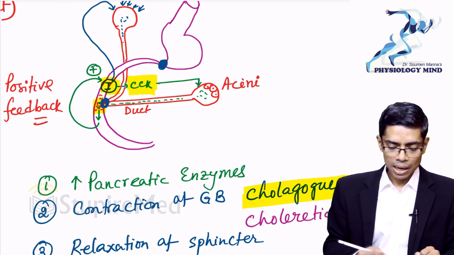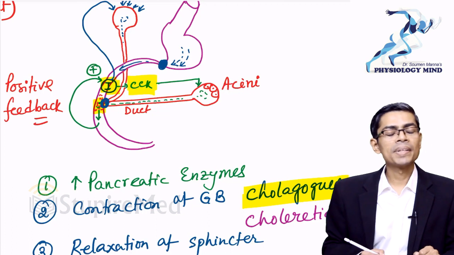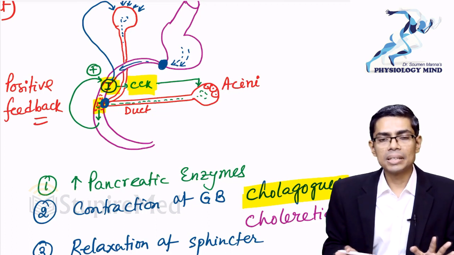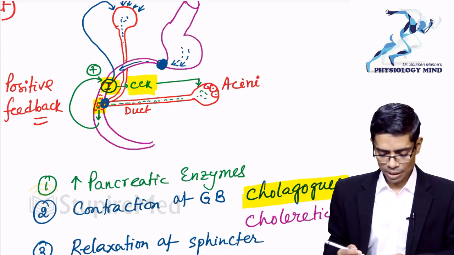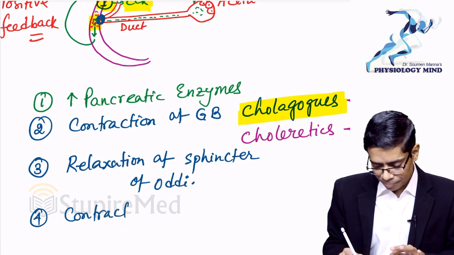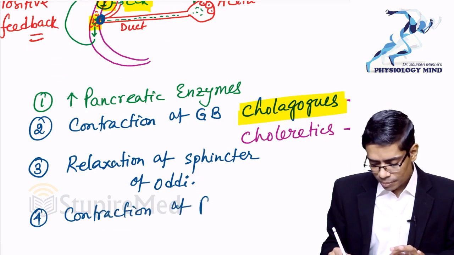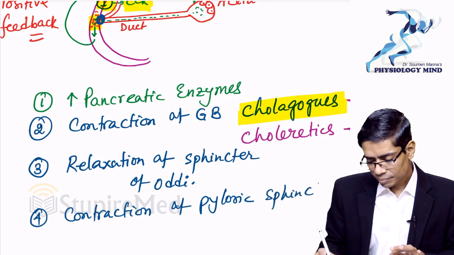Otherwise what will happen? Otherwise many substances containing high acidity will reach the level of the duodenum and it will hamper the digestion process. So I have to contract this pyloric sphincter. So the fourth function is contraction of the pyloric sphincter, right.